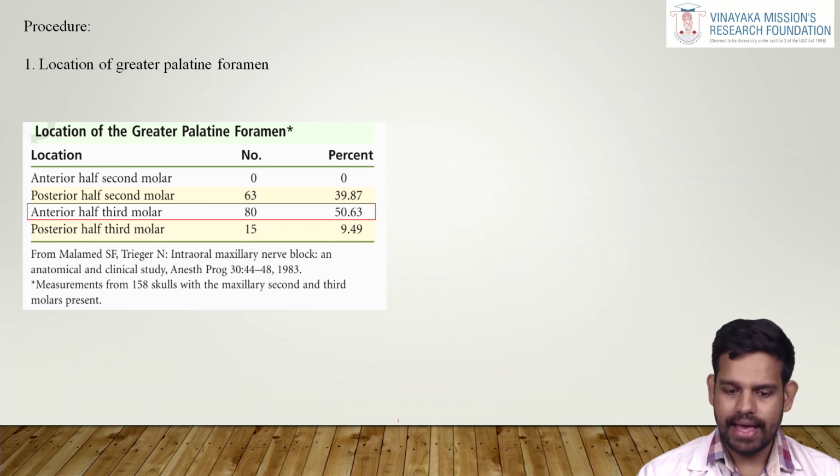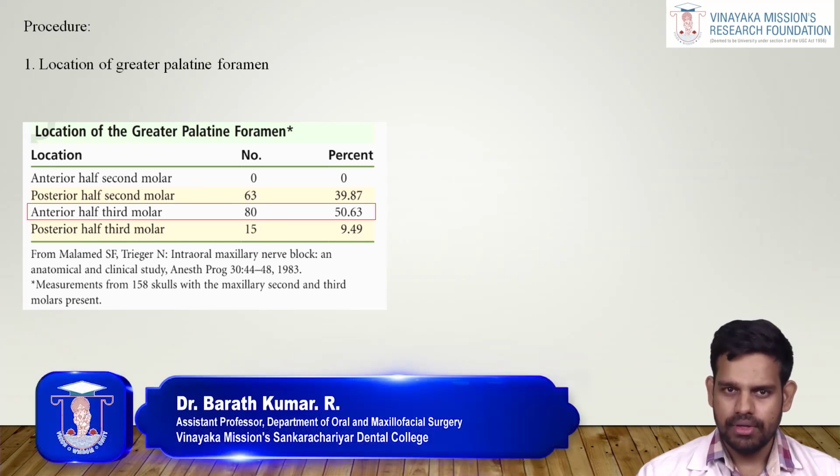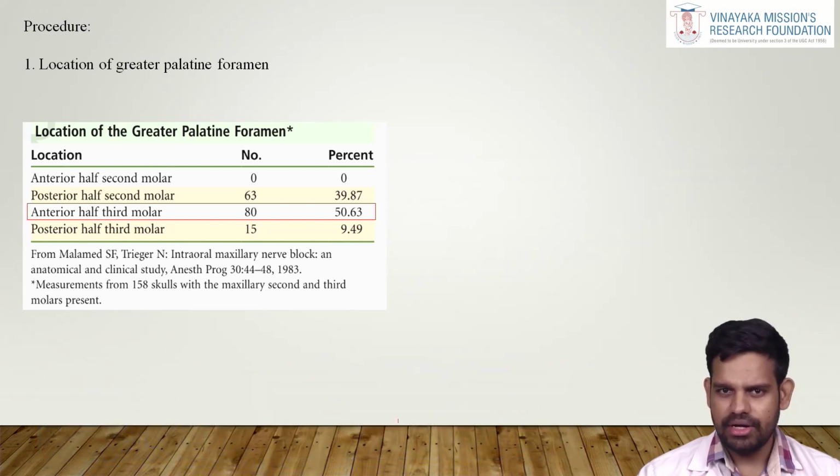Mostly it is situated in the anterior half of the third molar, accounting for 80 cases, which is 50% of the time. In the posterior half of the third molar, it's just 15 cases, accounting for 9%. So now we can easily identify the greater palatine foramen, which the majority of the time is situated in the anterior half of the maxillary third molar.